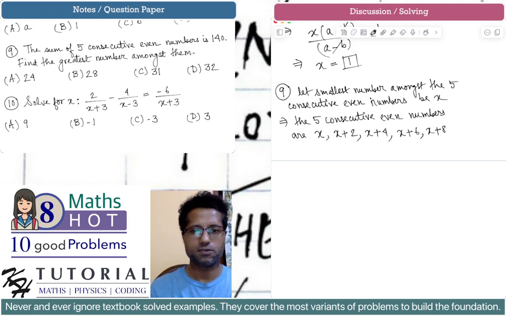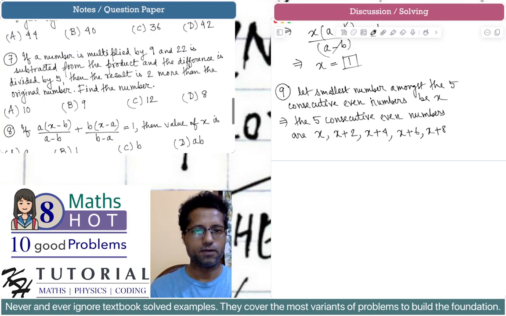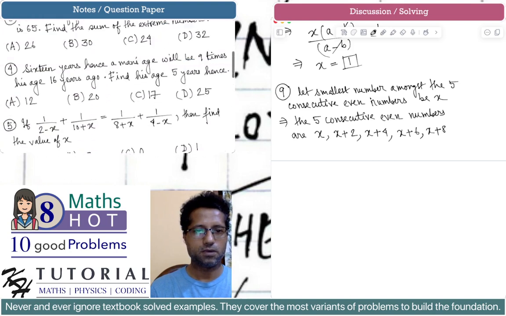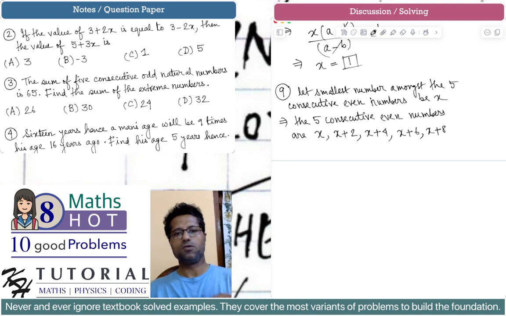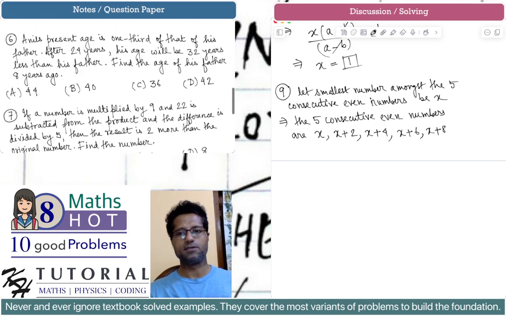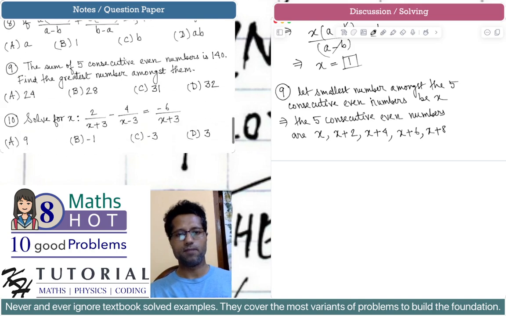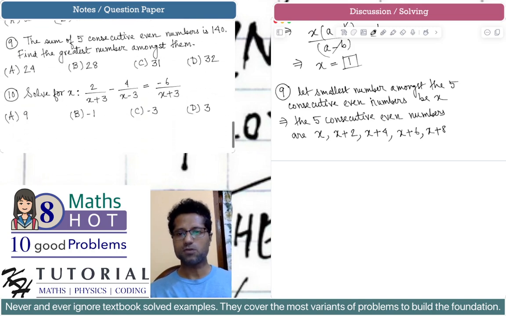This problem is quite similar to the problem we have done earlier, which was problem number 3. Problem number 3 was about consecutive odd natural numbers, but in this problem, problem number 9, it is about consecutive even numbers. Okay. So we have this.